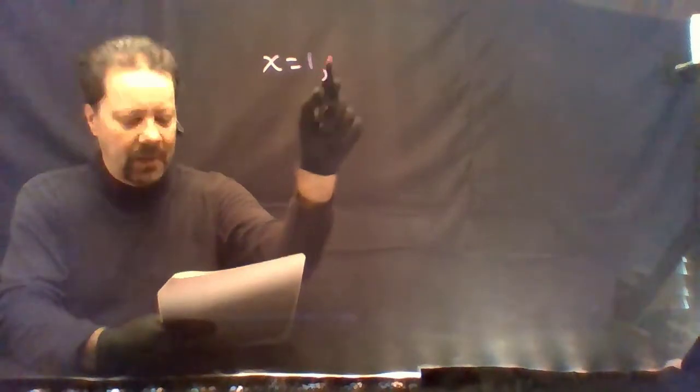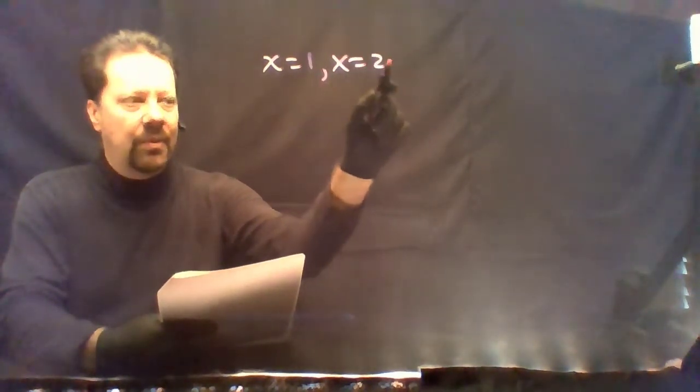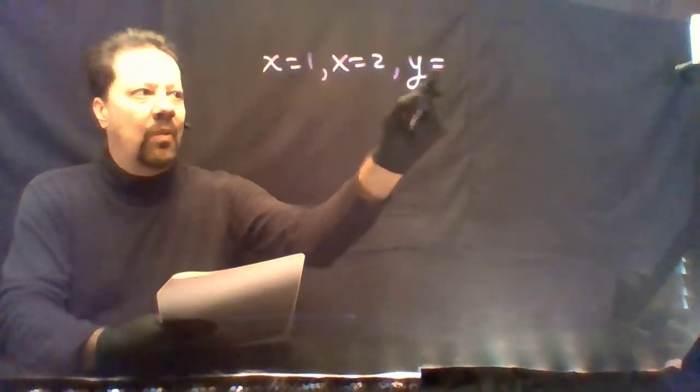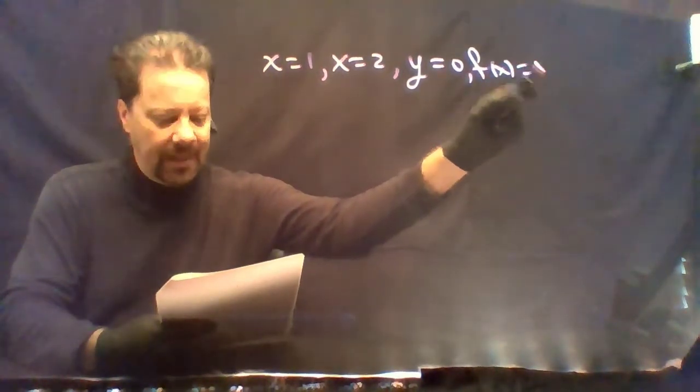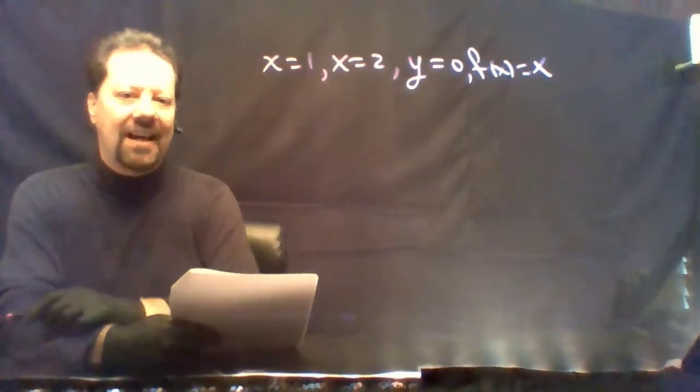Our next problem says, find the volume of the solid of revolution generated by revolving the region bounded by x equals 1, x equals 2, y equals 0, and f of x equals x about the x-axis.